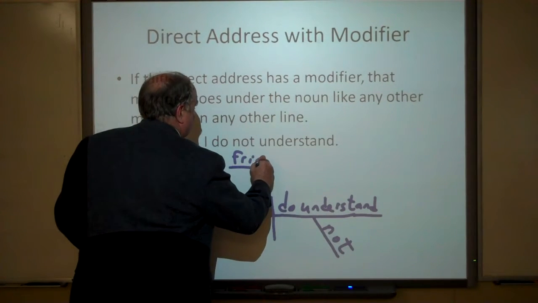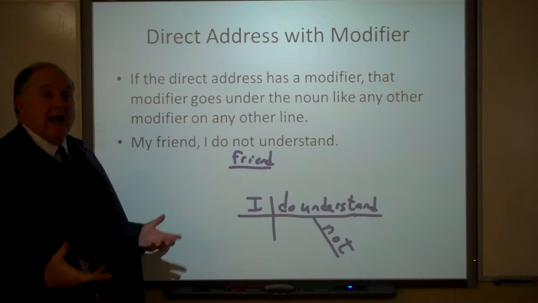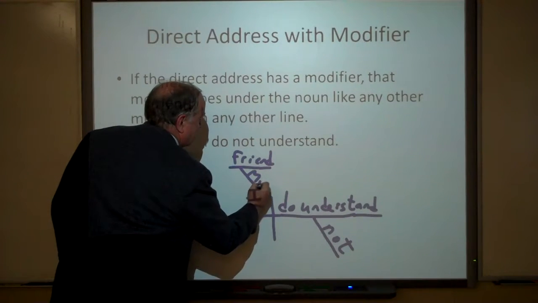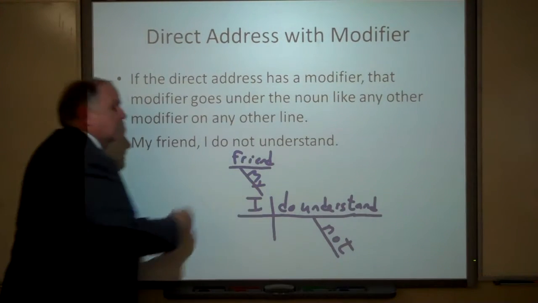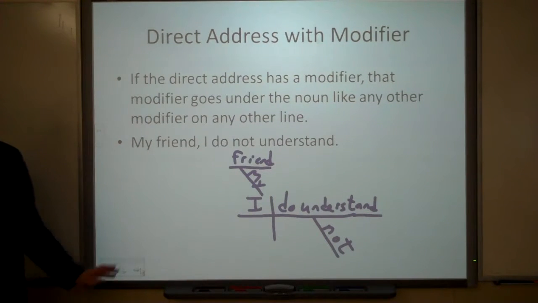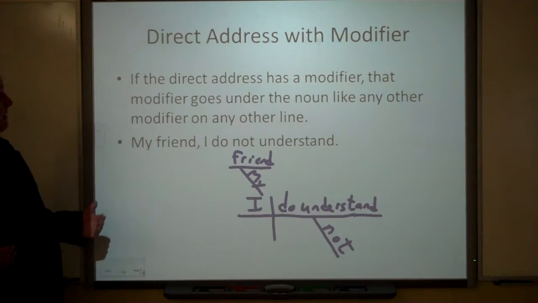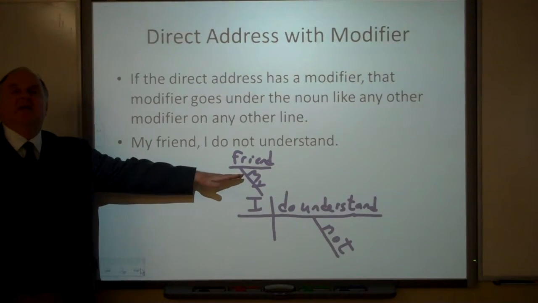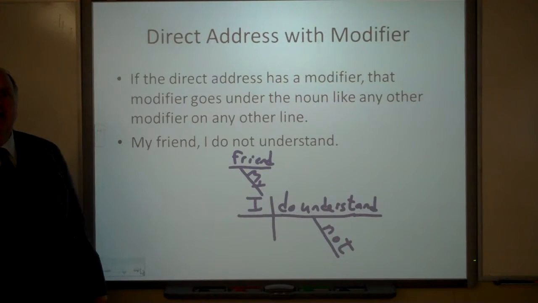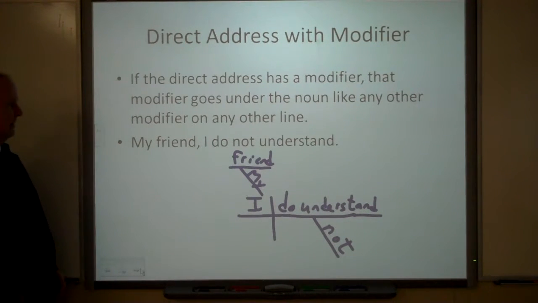Friend goes on the main line of the direct address because it's the noun, it's the main part of it, and then my goes on a diagonal, coming below friend, because it modifies friend. But again, you see the same pattern. It's not grammatically related to the rest of the sentence, so it's on a parallel line, but without any kind of line connecting it to the rest of the sentence.